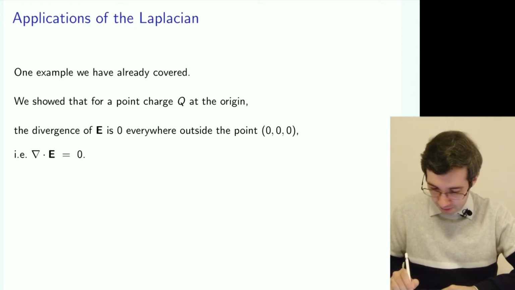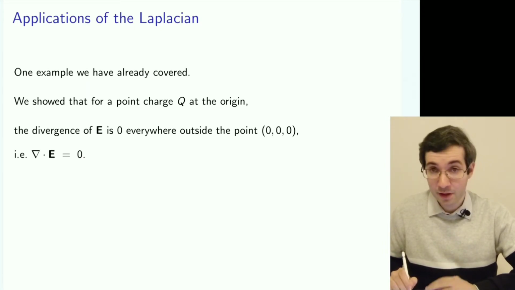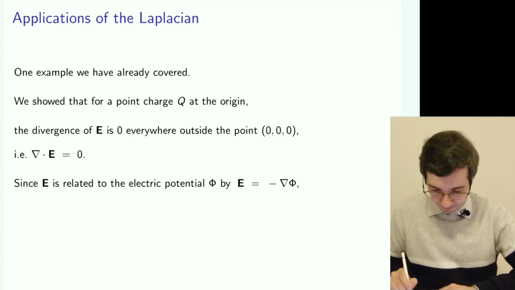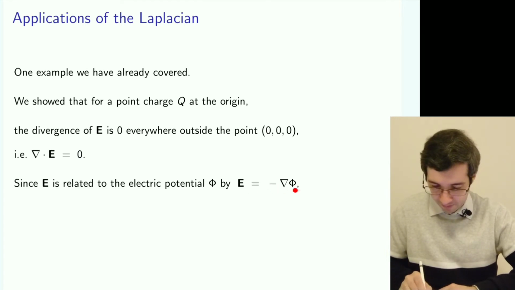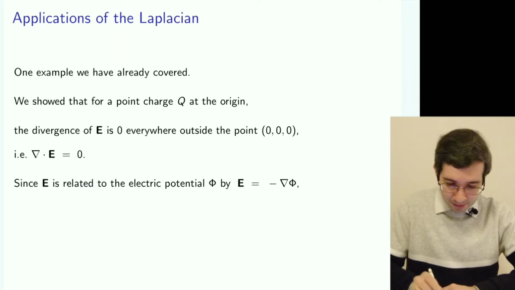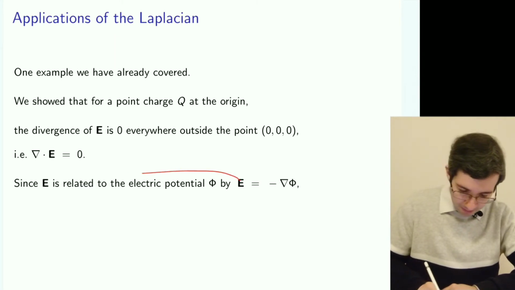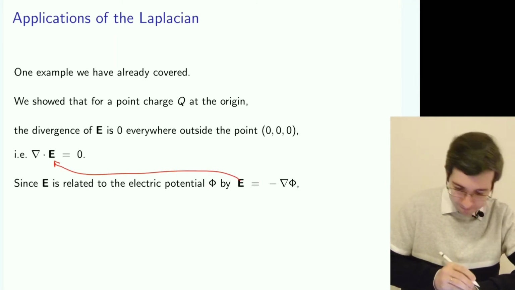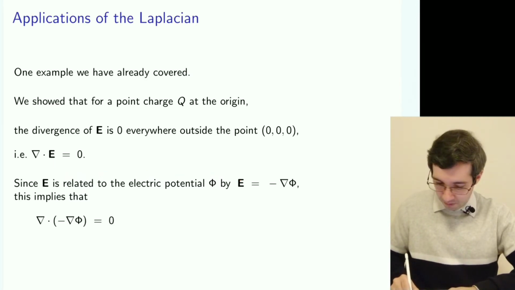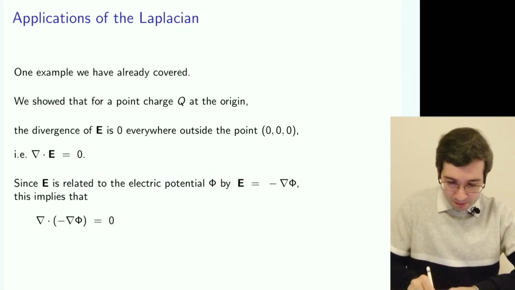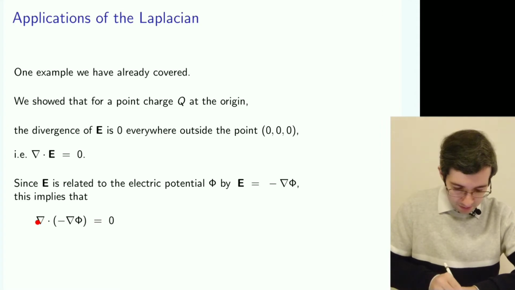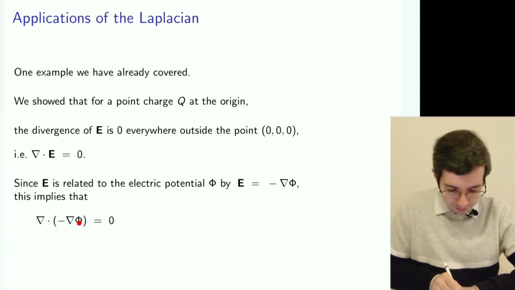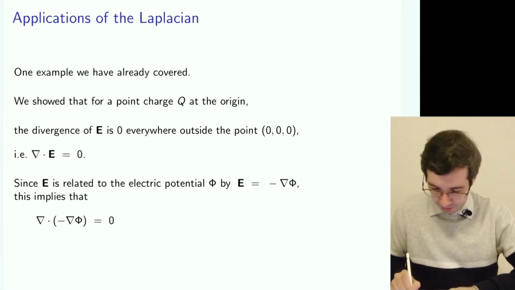If we then use the definition of the electric potential and plug it inside that divergence, we will see that we have a divergence of the gradient of the electric potential, which is 0.